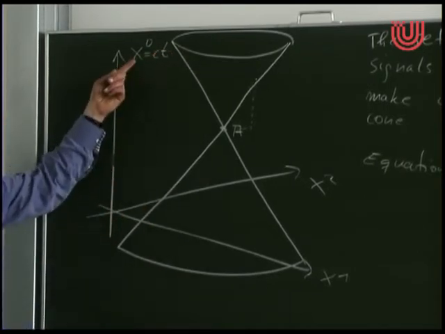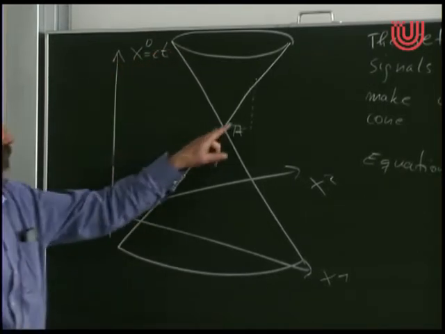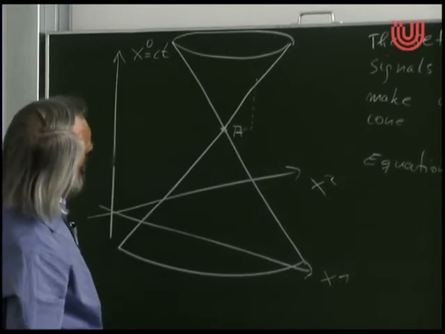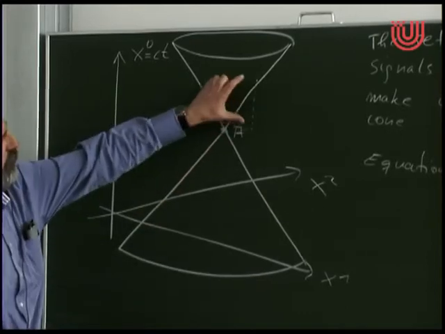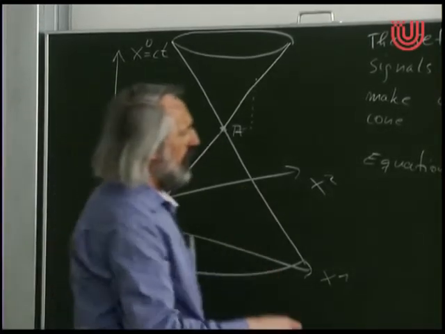So here we plot not t, we plot ct, right? Then the angle is just 45 degrees. It doesn't look like 45 degrees in my drawing, but it's supposed to be. And then this length should be the same as this length. And I can write down this equation.